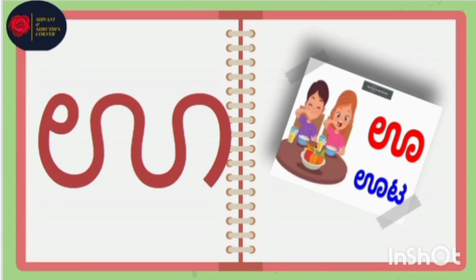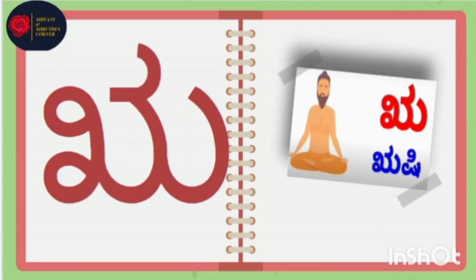Oo. Oo's example is Uta. Uta means food. So oo, we are stressing more. It goes like oo. So it is Dirghaswara. Ru. Very less time. Ru. So Hrasvaswara. Ru for example is Rushi. Rushi stands for saint.